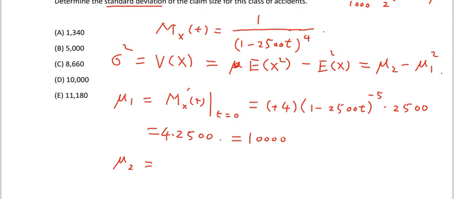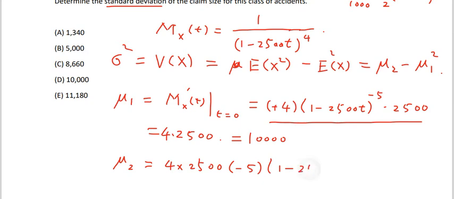We find the derivative of this function again, so this equals 4 times 2500, then times the exponent 5, to the power negative 6, and then multiply by another 2500. There is another negative, so this becomes positive.